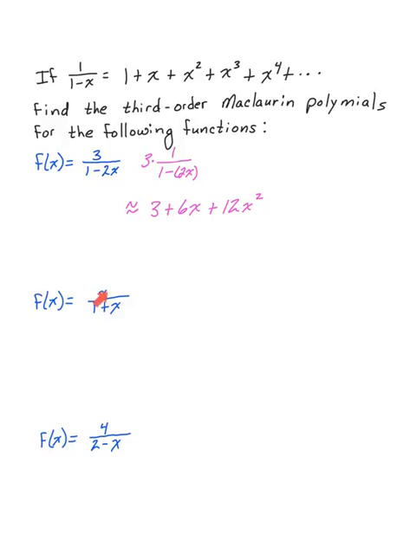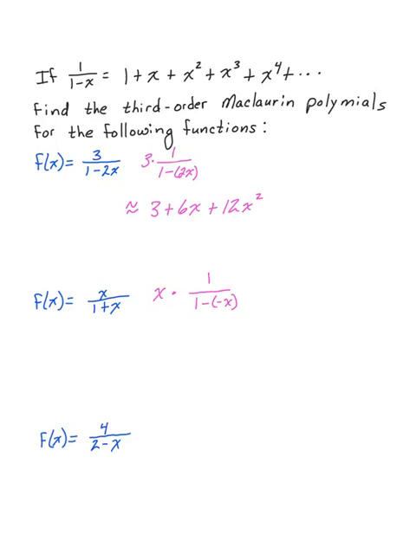All right, so the next one we're going to treat kind of the same way. And so what we can do with this is we can say this x in the numerator, we're going to multiply it by our polynomial. Now in our denominator, we have 1 plus x, and that would be the same thing as saying 1 minus negative x.